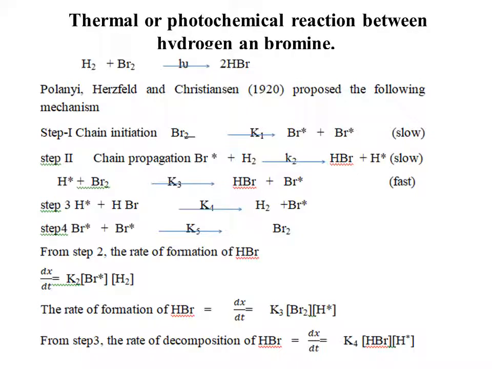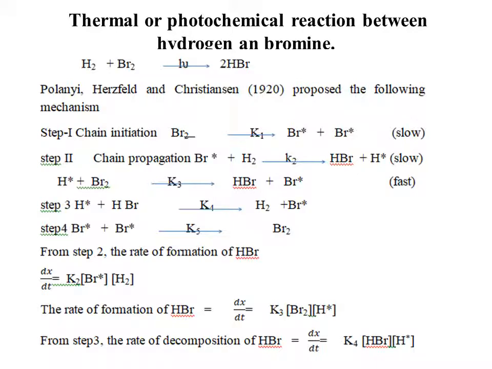In the fourth step, Br radical will react with another Br radical to form Br2 with the rate constant K5. That is, they proposed 4 steps for the reaction between hydrogen and bromine.